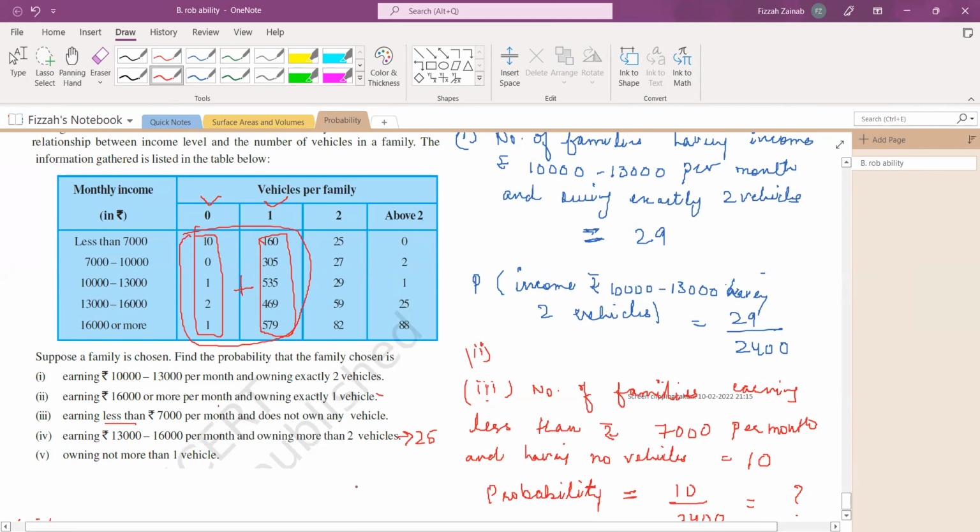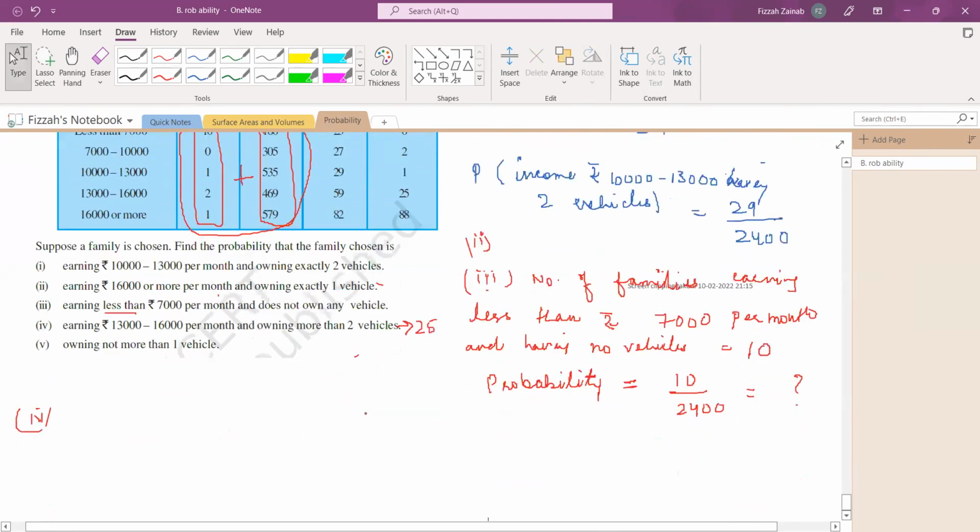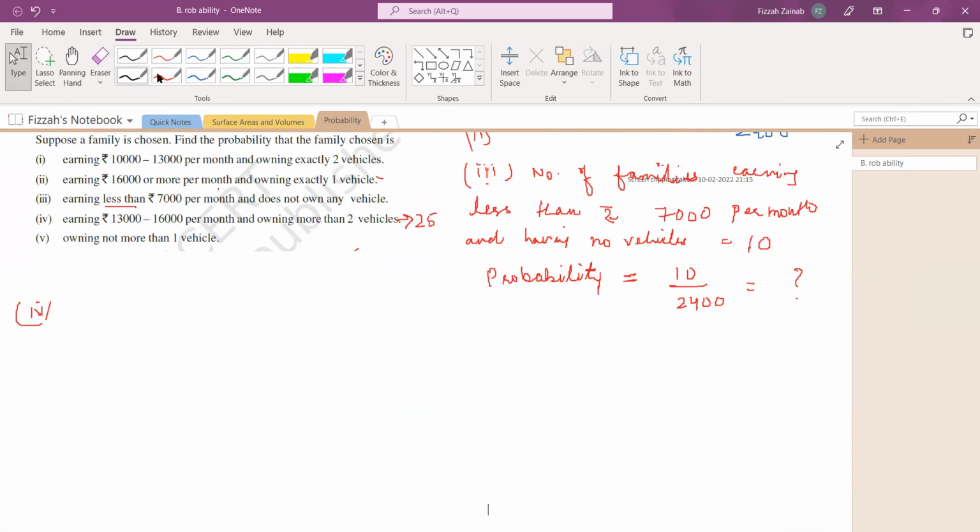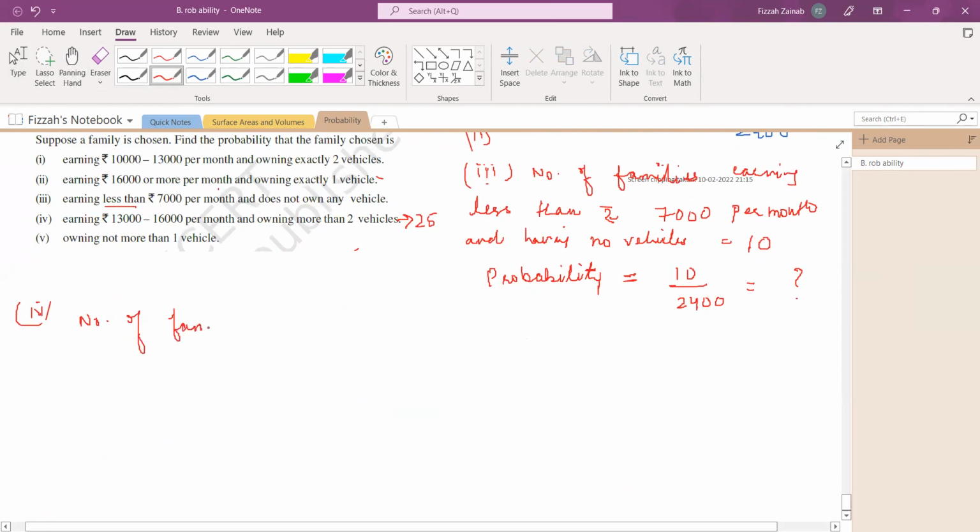Let me write the last part. Number of families owning not more than 1 vehicle. So this will be equal to, you can see in your table, I'm just looking at the book, 10 plus, then you have 0 plus 1 plus 2 plus 1.